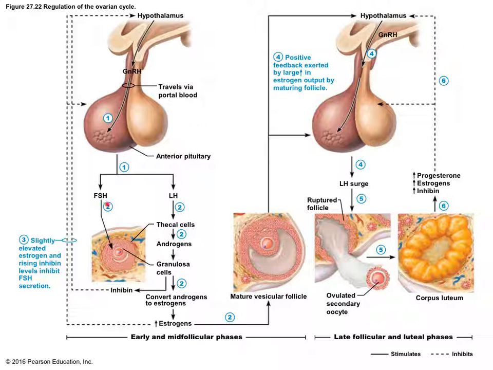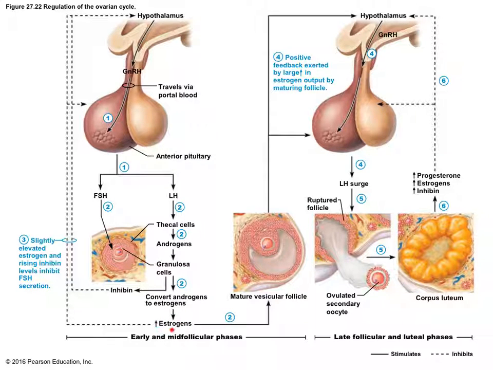Anterior pituitary releases follicle-stimulating hormone, which is going to cause the granulosa cells to release estrogens. And then at the same time, anterior pituitary is releasing luteinizing hormone, which induces the thecal cells to release androgens, which are the male hormones, but these androgens get converted quickly into estrogens.